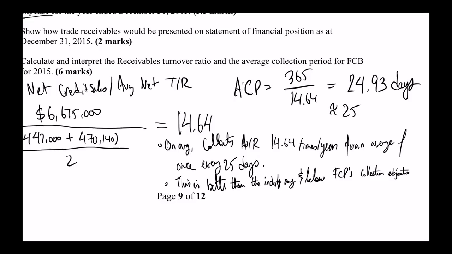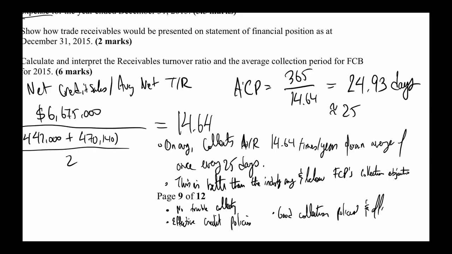And finally, let's interpret this a little more, and we'll just say no trouble collecting, effective credit policies, since they're doing better than the industry and they've beaten their own goals. And so we'll say good collection policies and effort.